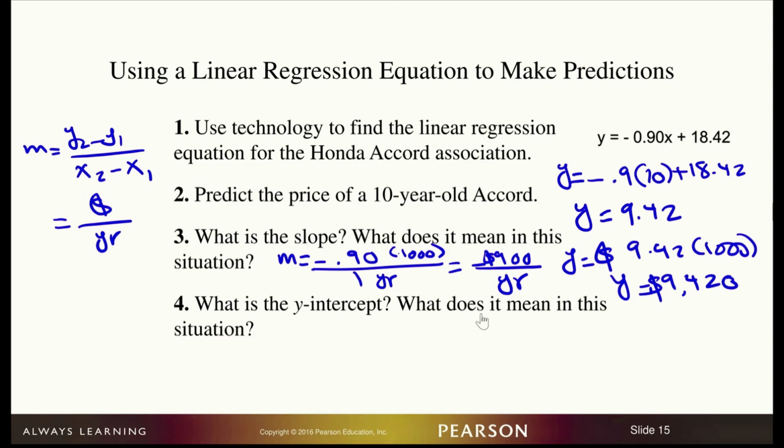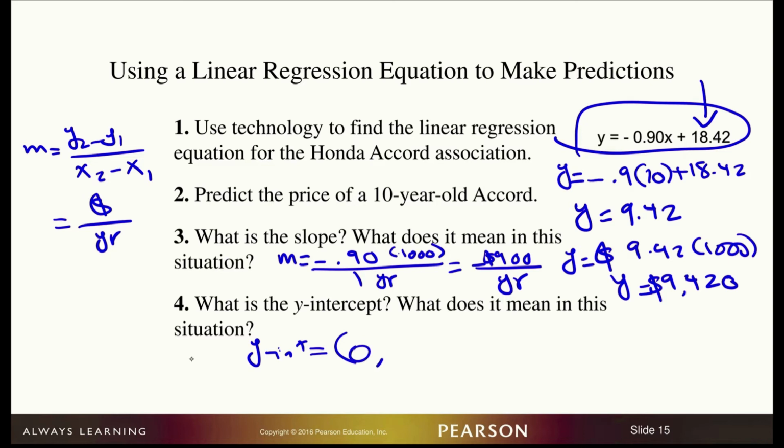What's the y-intercept? What does that mean in this situation? Notice from the equation right there, that's going to be your b. So the y-intercept is going to be (0, 18.42). Now remember, this is the age, right?